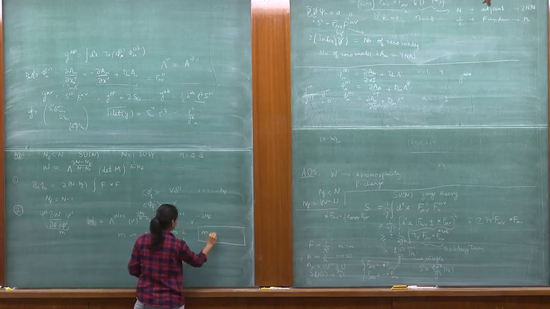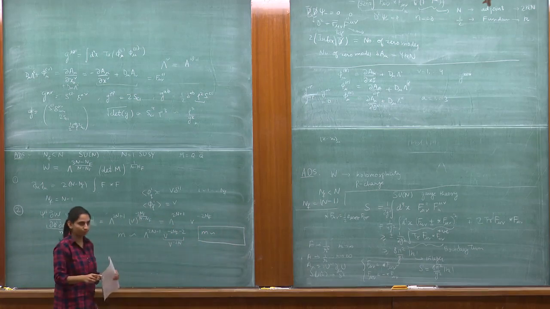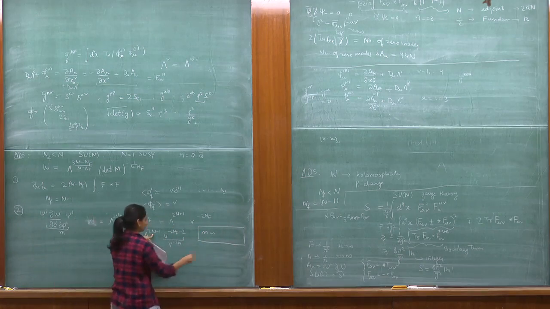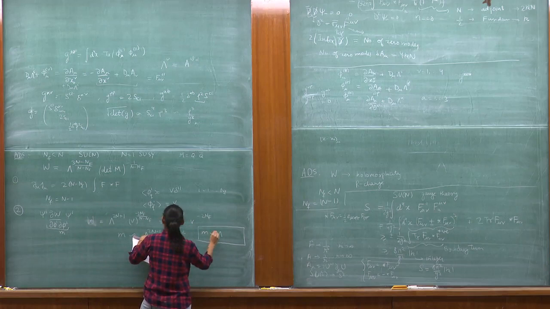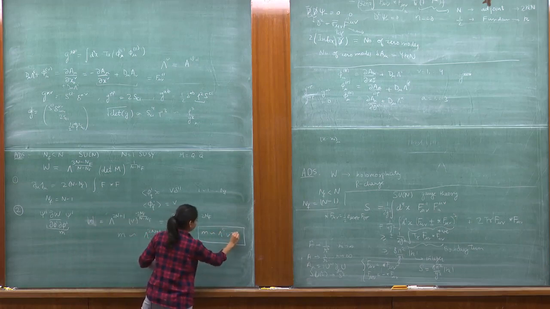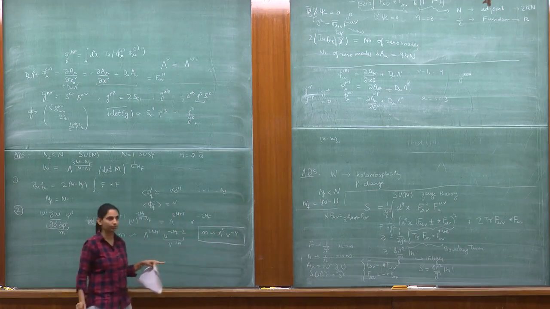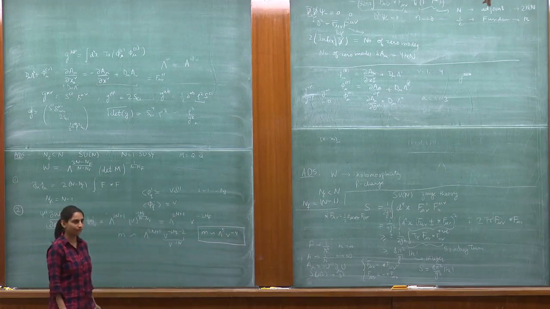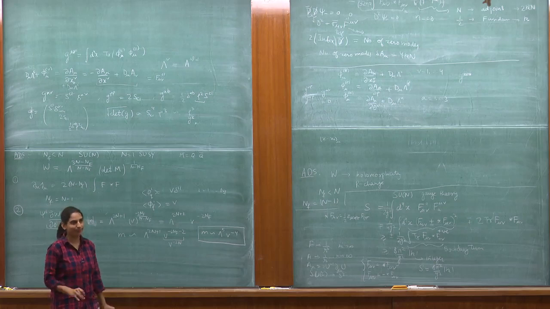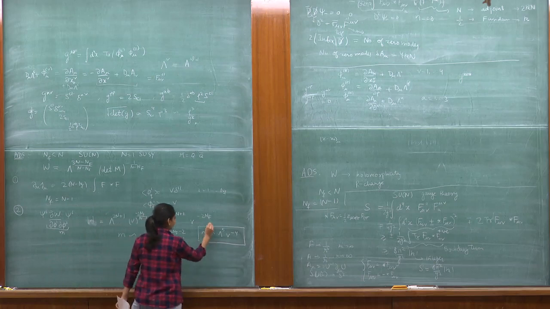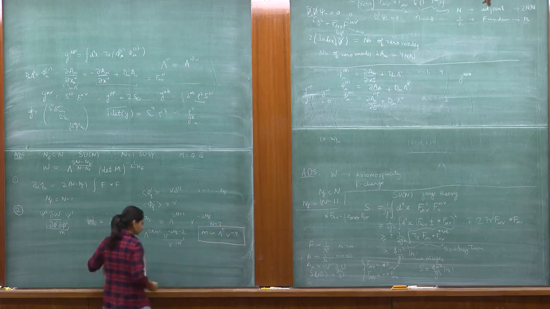I'll actually work with SU(2), so N is 2. So the mass will be proportional to lambda power 2N plus 1, sorry, lambda power 5, v power minus 4. I'll try to reproduce this power from the instanton computation. So instanton calculations are reliable when v is large. Yes, that is true, what you are saying.